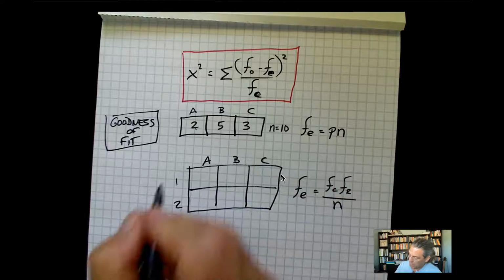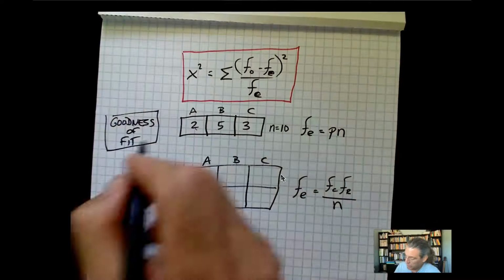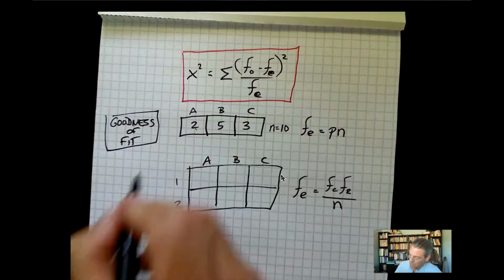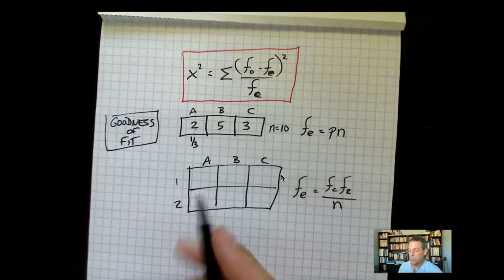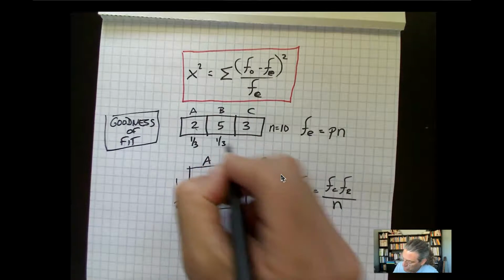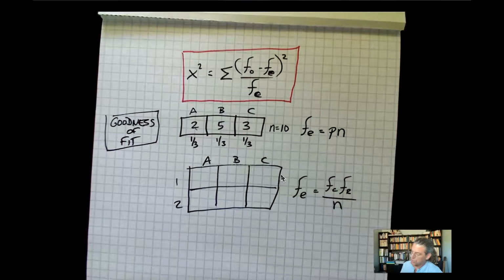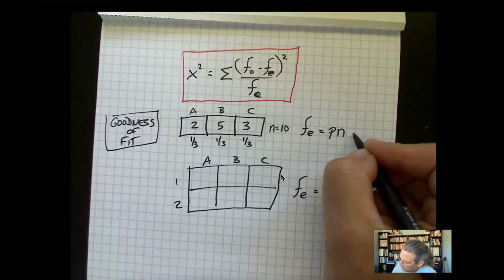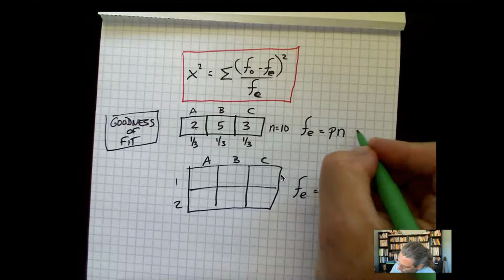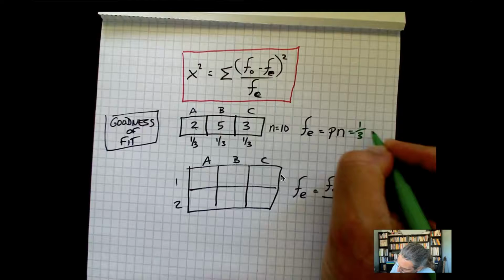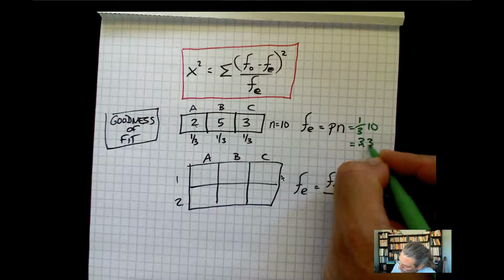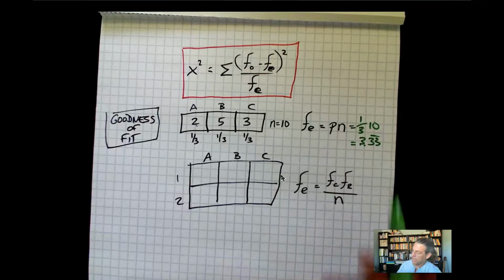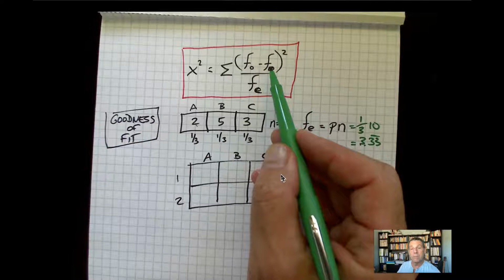If we did a no difference, there's 3 conditions here, so a third of the people should choose A, a third should choose B, and a third should choose C. So this would be 1/3 times 10, which is 3.33 repeating. And so that frequency expected would be 3.33.